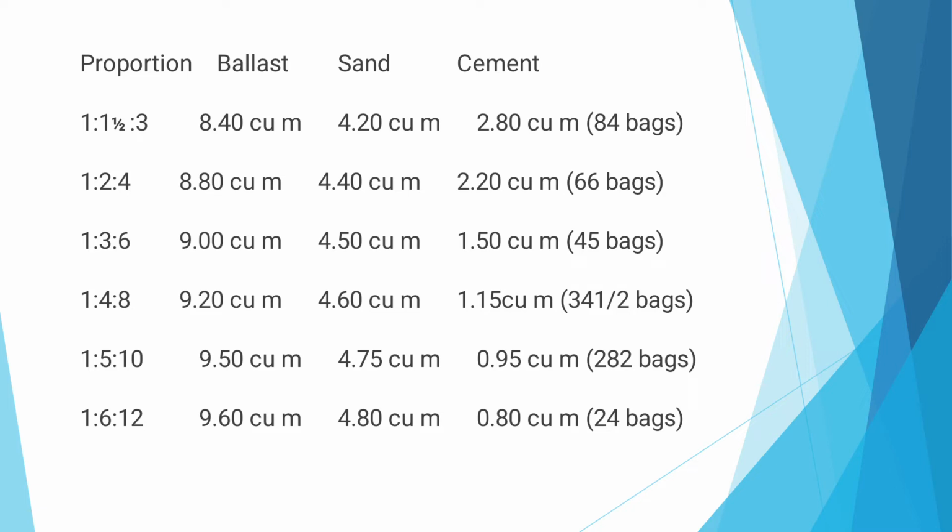Next 1:5:10: ballast 9.50 cubic meter, sand 4.75 cubic meter, cement 0.95 cubic meter. Therefore, 28 packs of cement. Then 1:6:12: ballast 9.60 cubic meter, sand 4.80 cubic meter, cement 0.80 cubic meter. Therefore, 24 packs of cement.